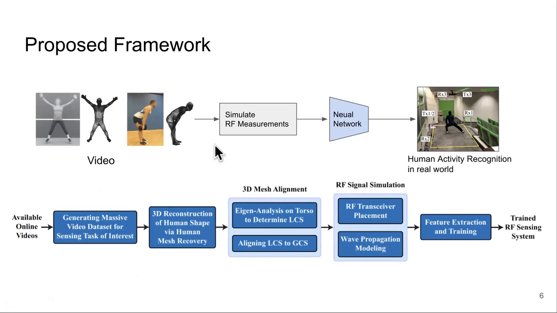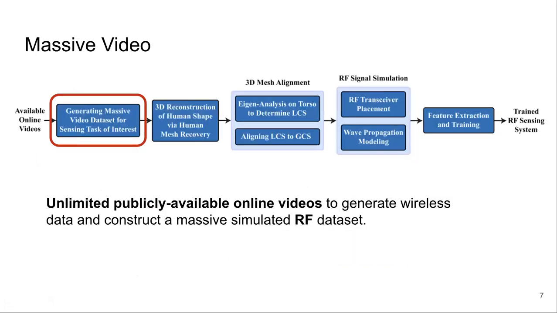So in order to remove the need for RF collection in the real world, the authors propose to exploit the unlimited publicly available videos on the internet. And the question is, can we generate wireless data from these videos directly and then construct a massive simulated RF data set?